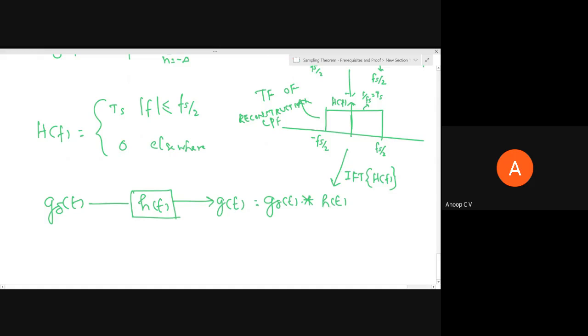Again by means of the duality property, we know the Fourier transform of a rectangular pulse rect of t by T is nothing but T sinc of fT.